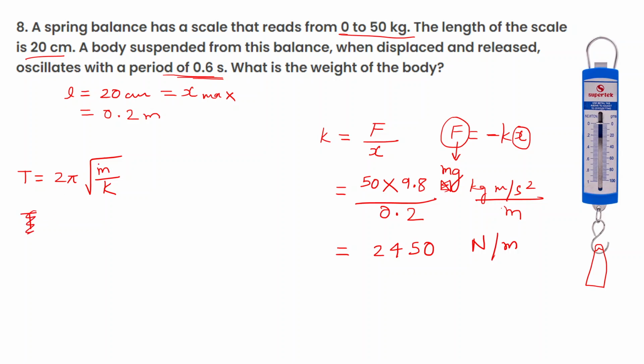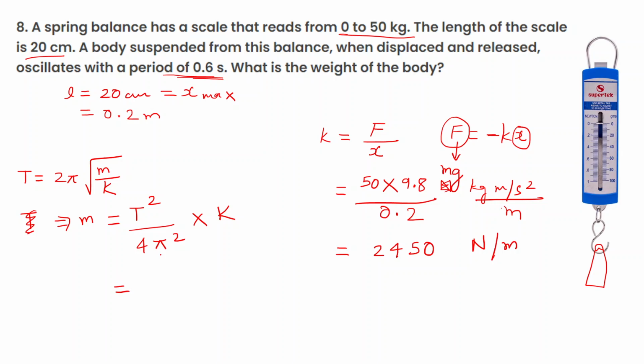Okay, first we need to find out the m, right? So we'll write it in terms of other parameters. So m will be t square divided by 4 pi square times k.